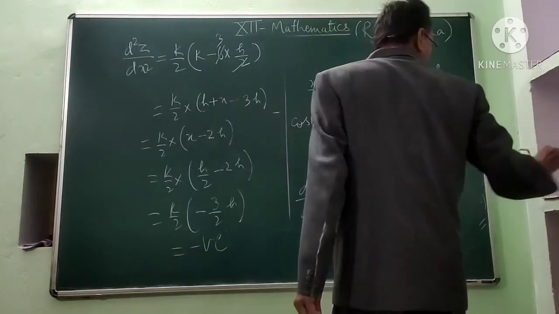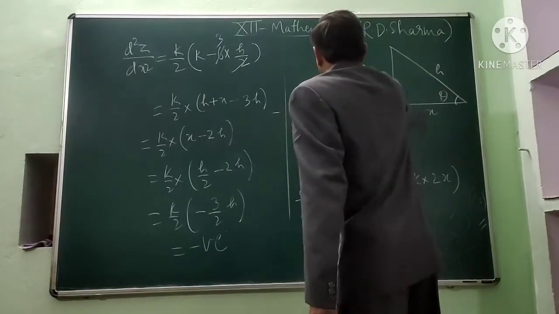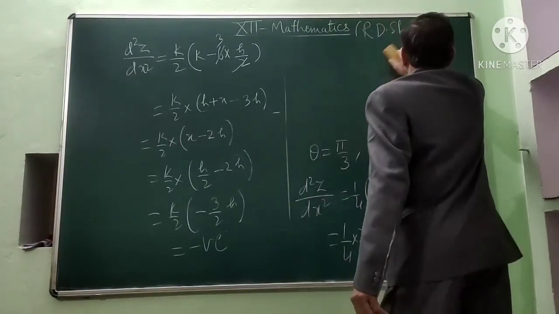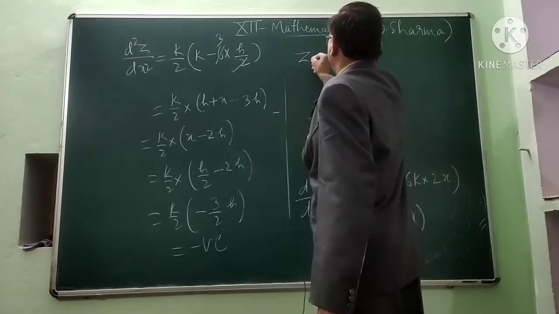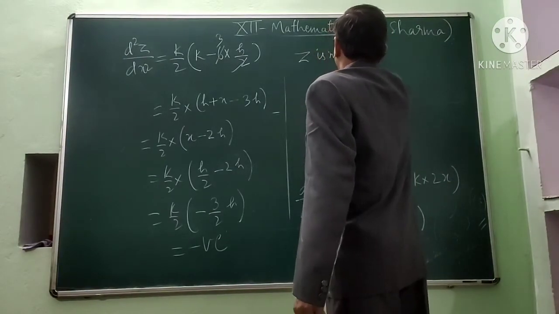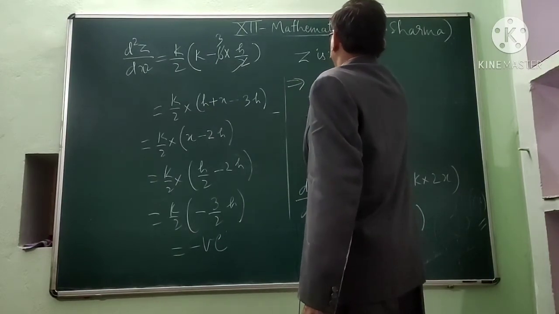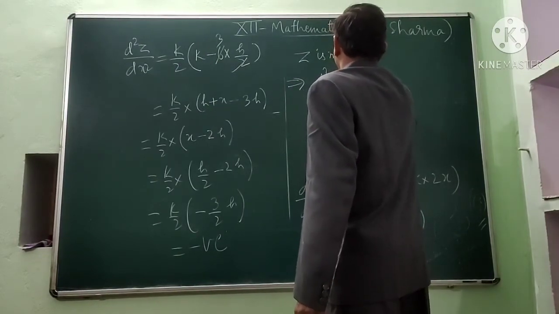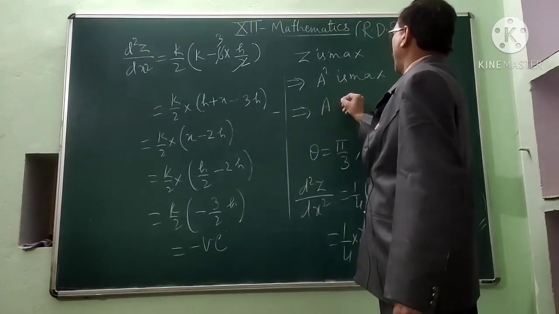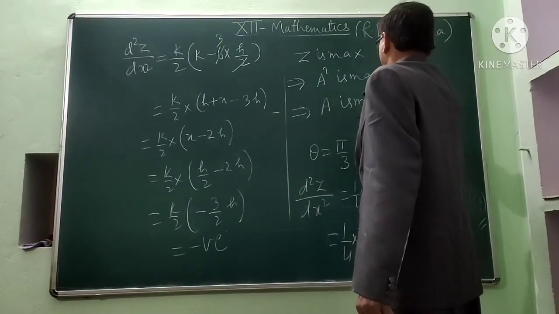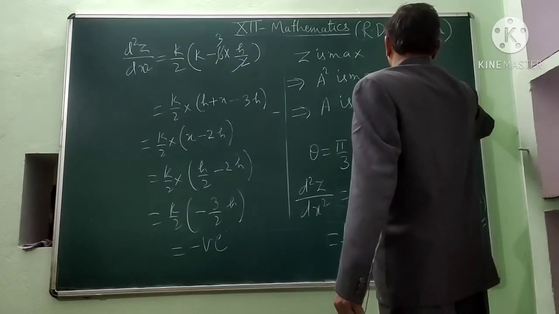Therefore, z is maximum. This implies that A square is maximum. Hence, area A is maximum when theta equal to pi by 3.